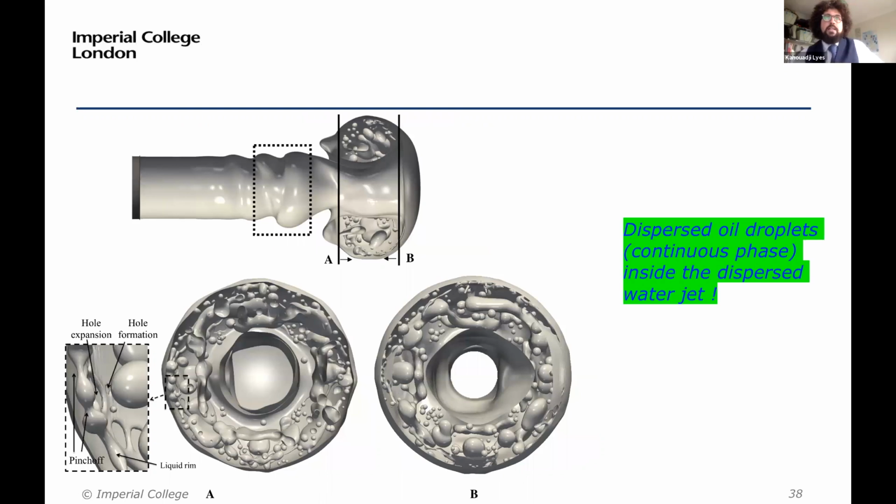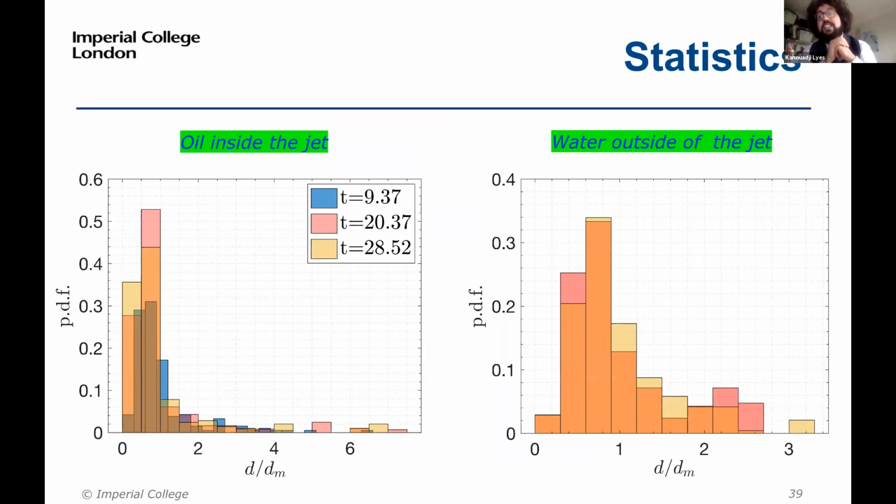What I want to express here is that it's difficult to quantify with a lot of detail, but we are able to provide statistics of droplets from each phase. Here it's the oil inside the jet, and here is the probability density function of the drop distribution. And here are the water droplets outside in the continuous environment. So we have two types of statistics: oil droplets and water droplets.